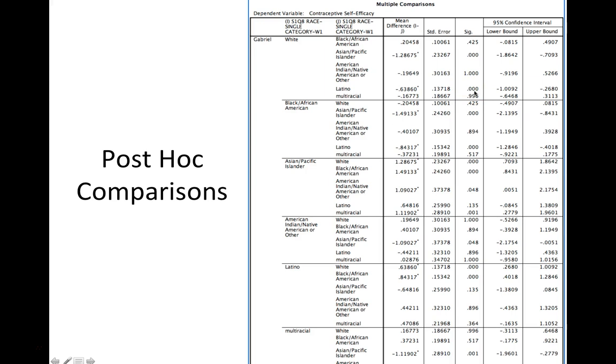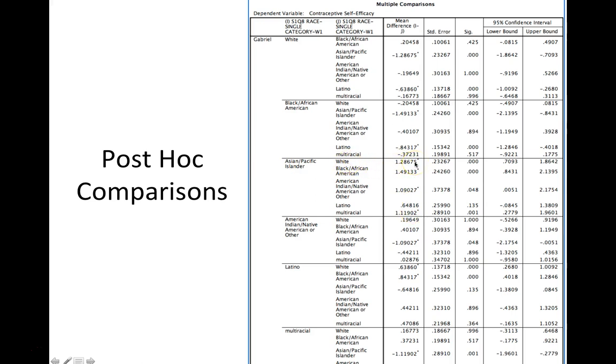In this situation, we're looking at these and trying to figure out where these differences are. And so we'll see them in multiple places. If we look at here, whites versus Asian Pacific Islanders and whites versus Latinos. So there are significant differences there. If we look at blacks and African Americans, there's a difference again between Asian Pacific Islanders and Latinos. So not surprisingly, when we go down here to Asian Pacific Islanders, there are several group differences.